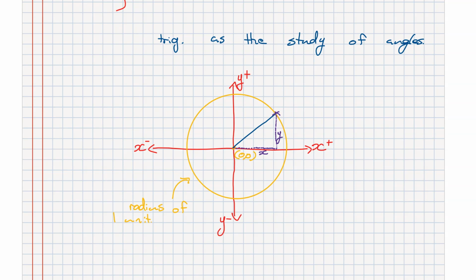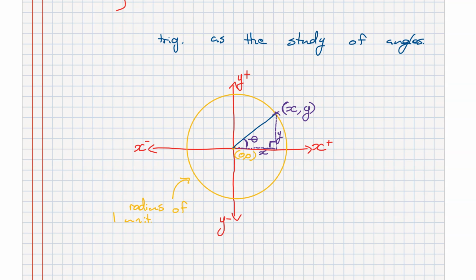This internal angle here is 90 degrees, and this angle here is theta. Based on this triangle, we can say the point is located at x, y.